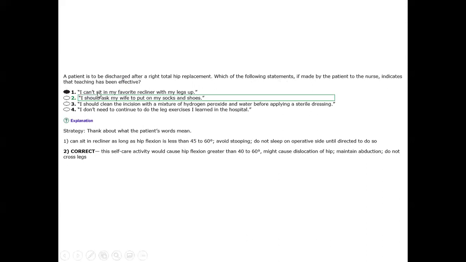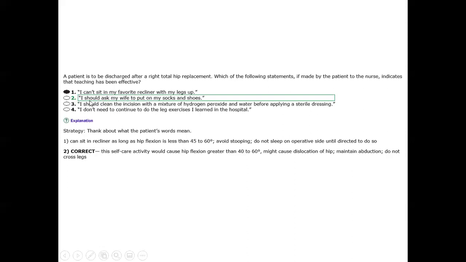Number 1, I cannot sit in my favorite recliner with my legs up. Number 2, I should ask my wife to put on my socks and shoes. So which of the following statements indicates that teaching has been effective?